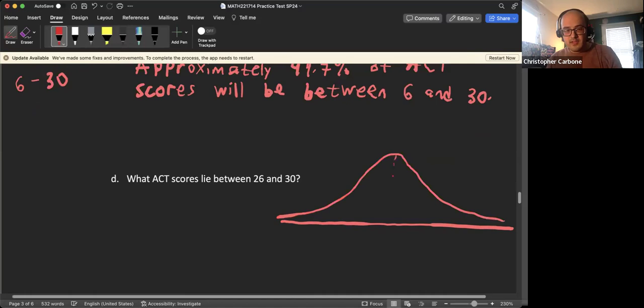Let's call that mean of 18 here. One standard deviation, let's say, is here. When we added 4, that was 22. Because this is symmetric about the mean, this area between 18 and 22 is 34%.